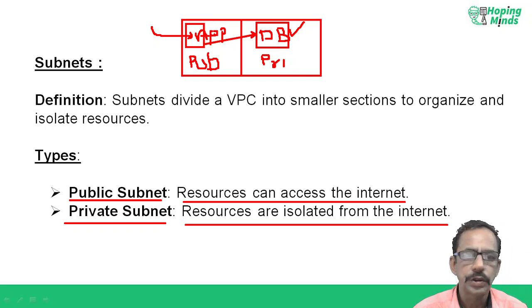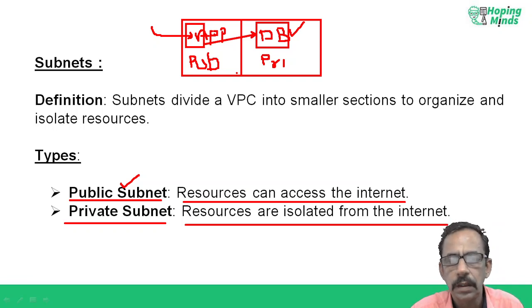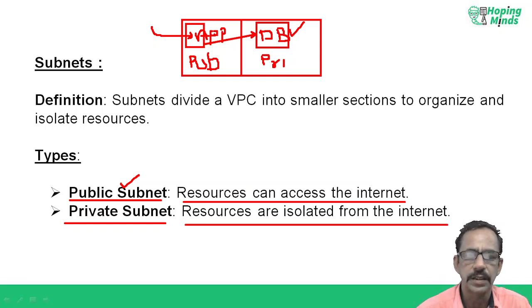We put our application server in the public subnet that can access the internet. And my database server I don't want to put in the public subnet, meaning I don't want internet access here. Because internally, this application server can communicate with the database server. They are in the same network, the same home, the same house. So they can communicate with each other easily.